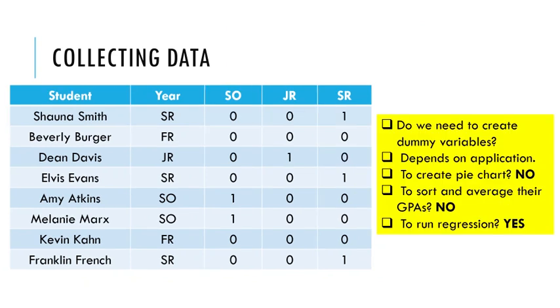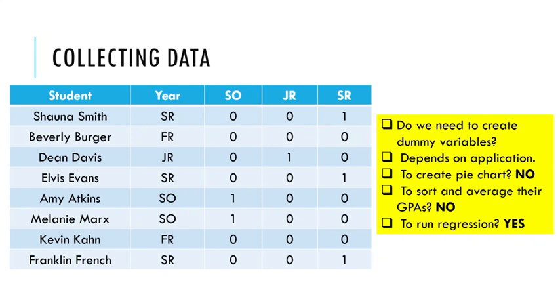Now, do we need to create dummy variables? Well, it depends on what we're doing. It depends on the application. For example, if all I want to do is create a pie chart, do I need these zeros and ones? Not necessarily. If I have a small data set, I might be able to just do things by hand too. If I want to sort and average GPAs and all I care about is average GPA, not necessarily.